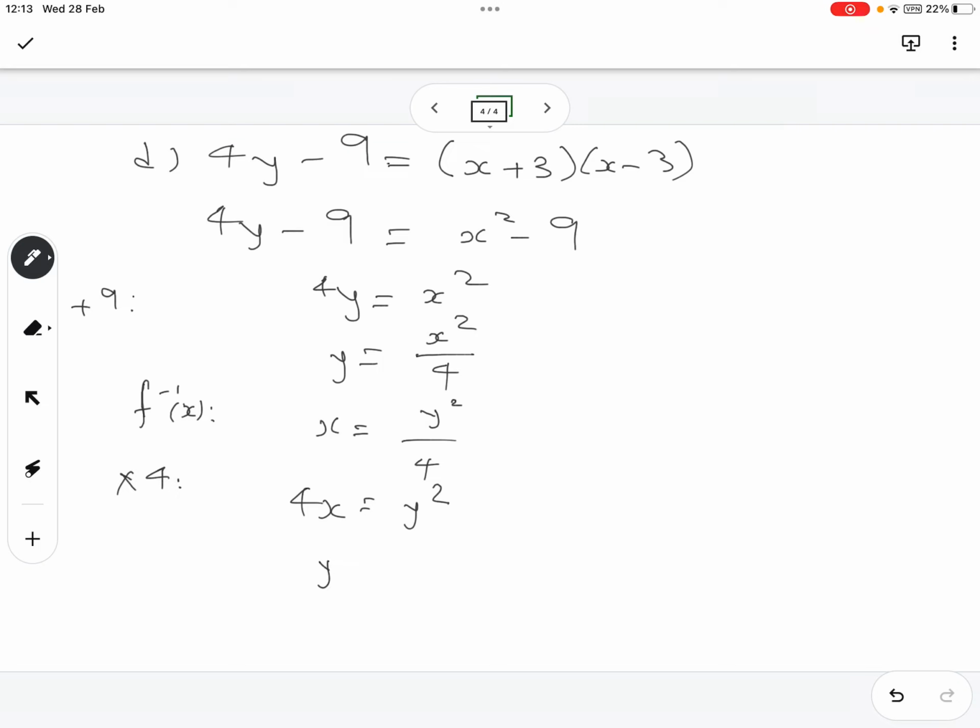And then you're gonna root it. Then we square root, so that gives us positive or negative root of 4x, which is 2 root x. And again, x is also positive.